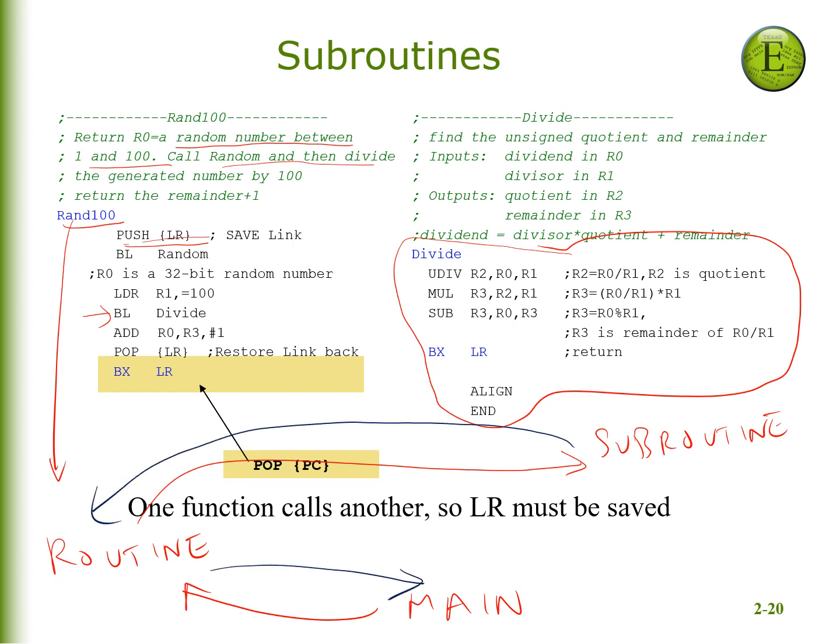This is the idea. So if we are sure that we are going to call a subroutine, we're first going to store the return address, and then perform some arithmetic and come over here, BL divide. Okay, BL divide.